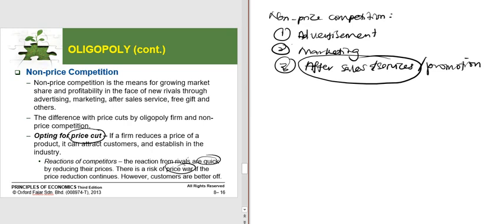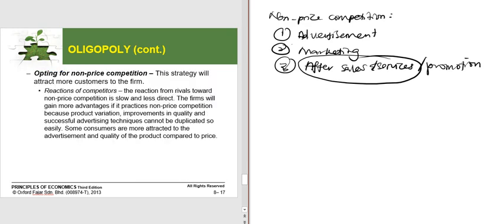But the party that will benefit from this price cut is the customers, because they can buy these products from these firms at a cheaper price when the firms cut the price of the product. So the benefit is to customers, but the disadvantage is on the firms.